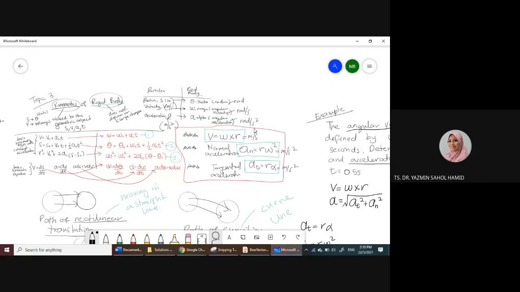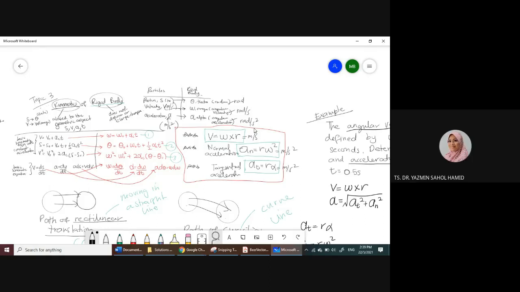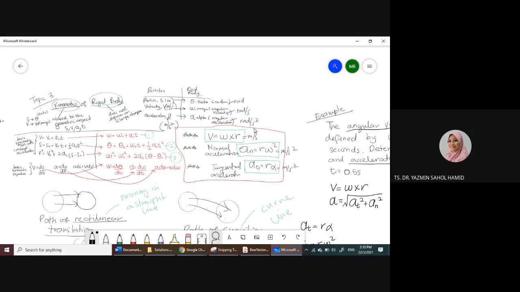Madam, for the earlier question, the one about revolution, do we have to use the omega squared formula? Okay, why? The reason you need to use that formula is because of what the question asks you to find.